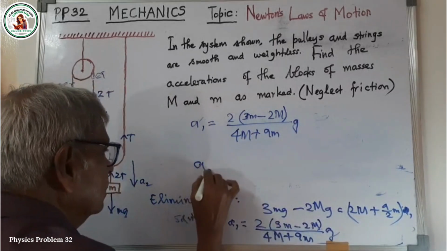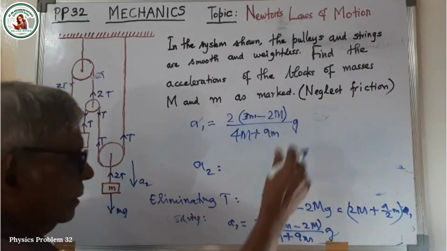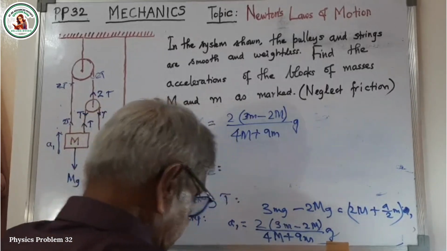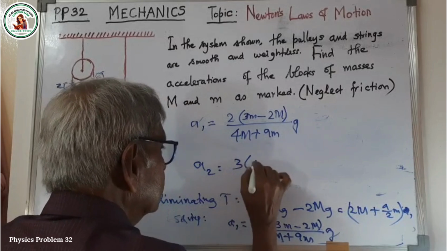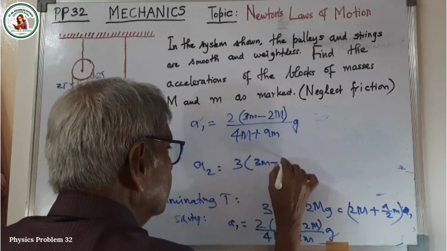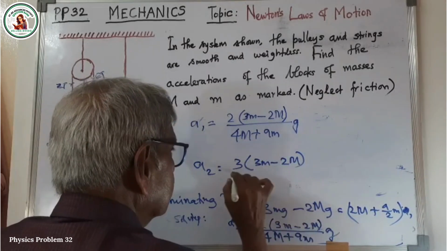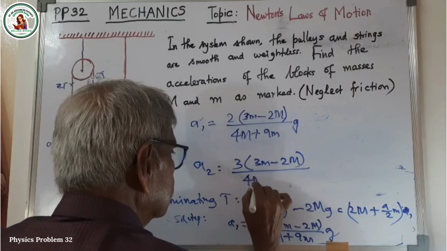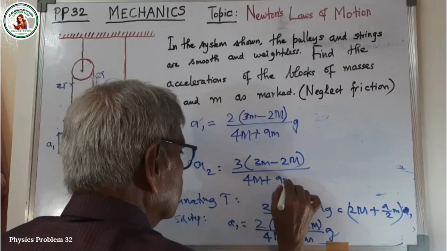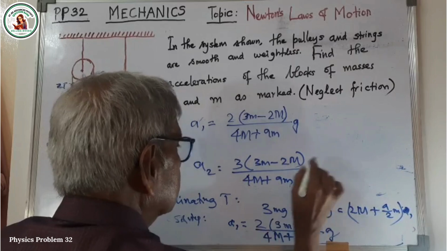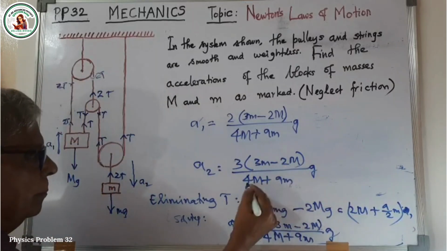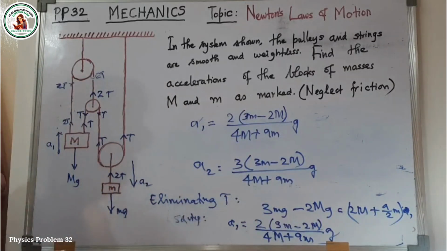A2 is equal to, after substitution for that ratio, we get 3 times (3m minus 2M) into g by (4M plus 9m). So this section, 3m minus 2M by 4M plus 9m, is common for both. Only the ratio 2 by 3 is maintained.